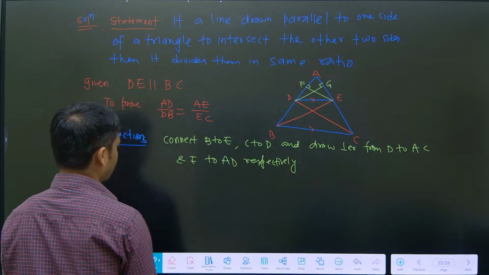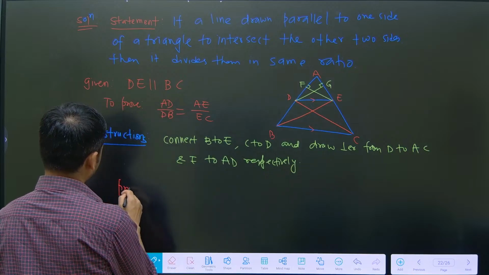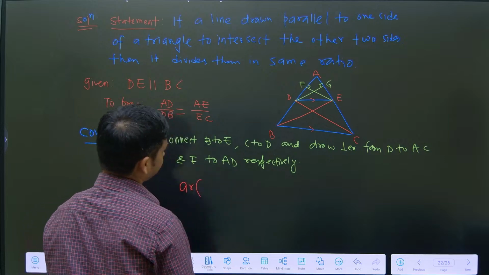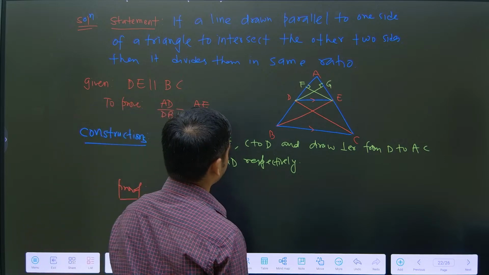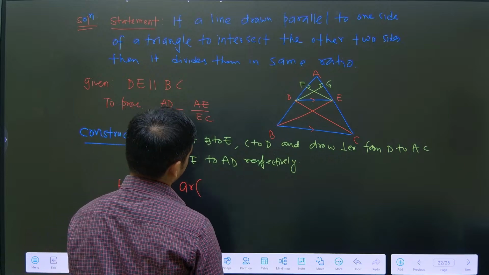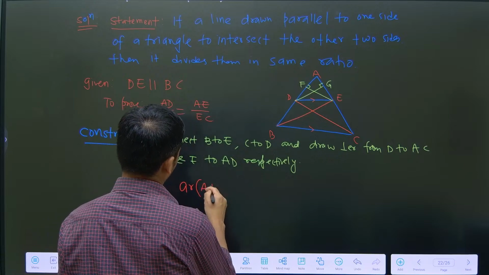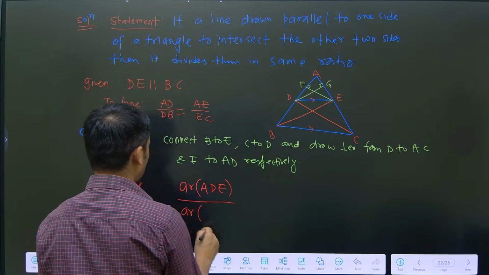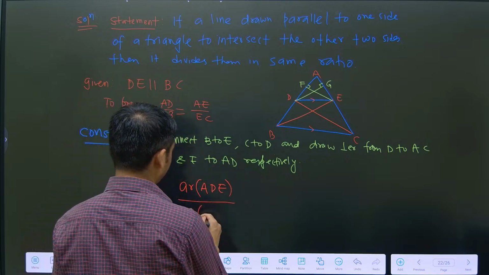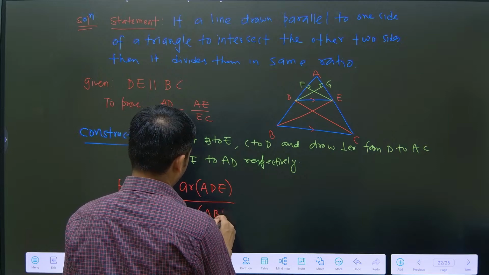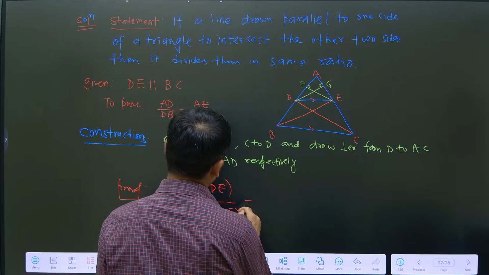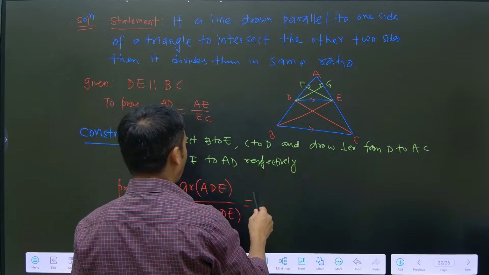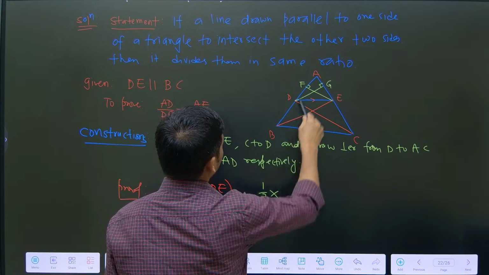So we can write here the proof. Can you find the ratio of the area of triangle ADE and BDE? If you have to calculate the area of triangle ADE, guys, it's half. We are taking the base to be AD.